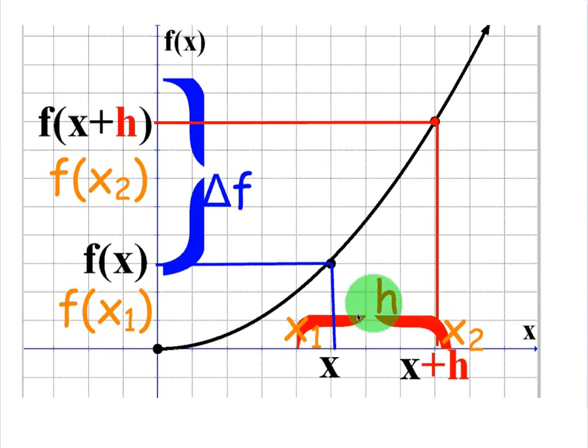Notice how all of these things are similar though. It's just different notation. Before we had x1 and x2, but now we're focused more on this horizontal gap we call h. So your second x value is called x plus h. And again, since your second x value is x plus h, your second f value is f of x plus h. And so notice, if you do f of x plus h minus f of x, you get your change in your f value, or your change in y.